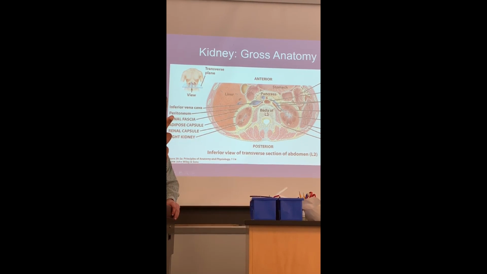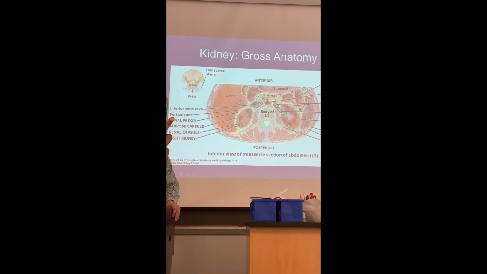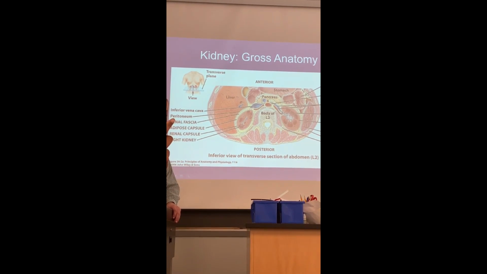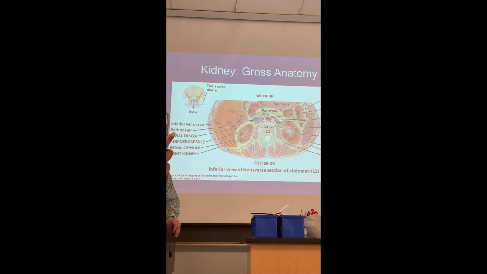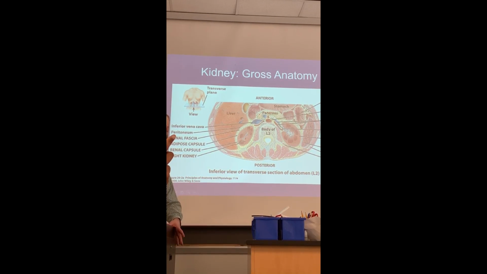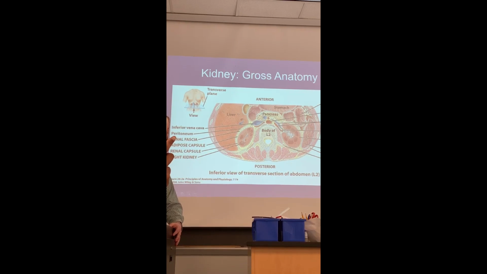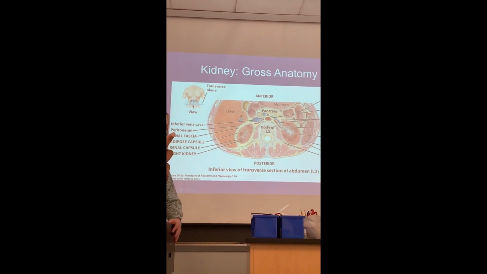The pyramids have their bases facing the cortex, and then they taper towards the medulla, where we see this space. Okay, now that space is called the renal sinus. As we'll see, it's not empty, it's got a lot of stuff in it, but that's what we're seeing here, that renal sinus space.